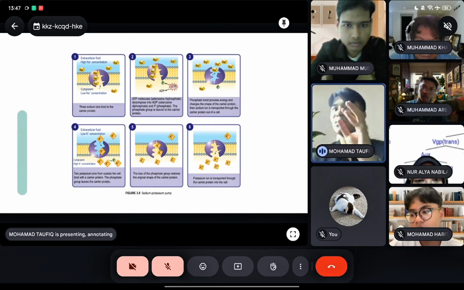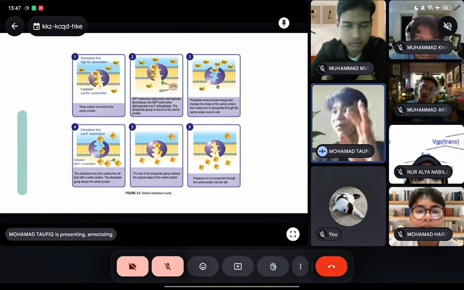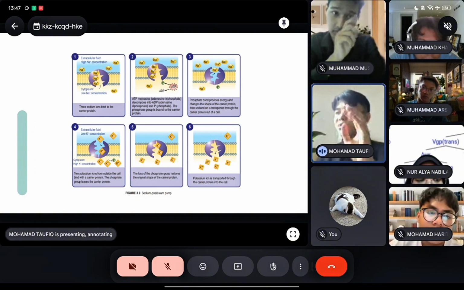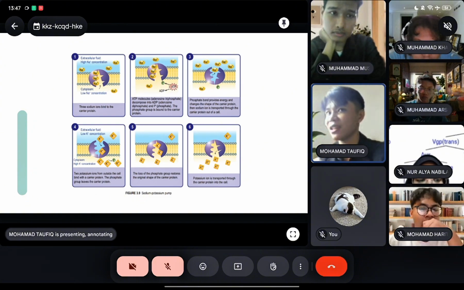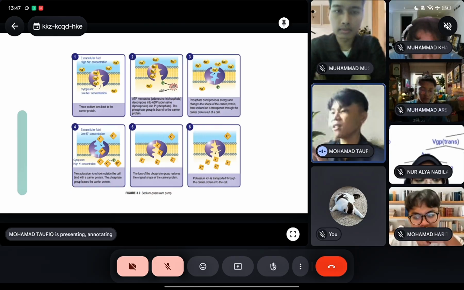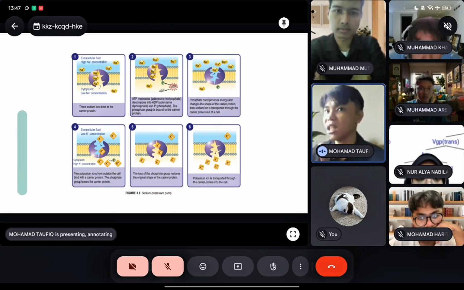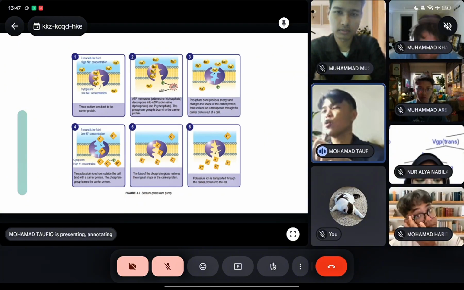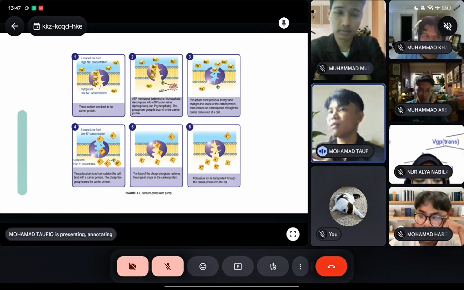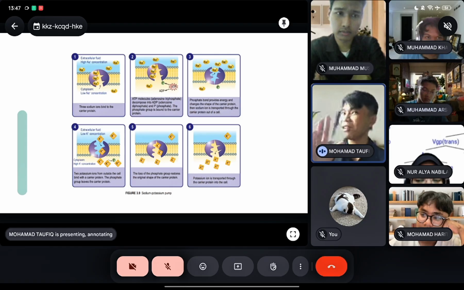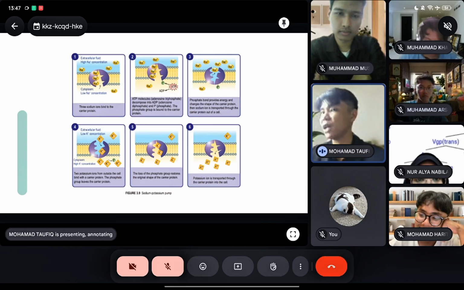First thing first, the ions are sodium ions, which bind to the carrier protein. And then ATP molecules bind to the carrier protein and decompose into ADP. It's like when you spend the money, it becomes deceased to you. So it decomposes into ADP, it becomes someone else.